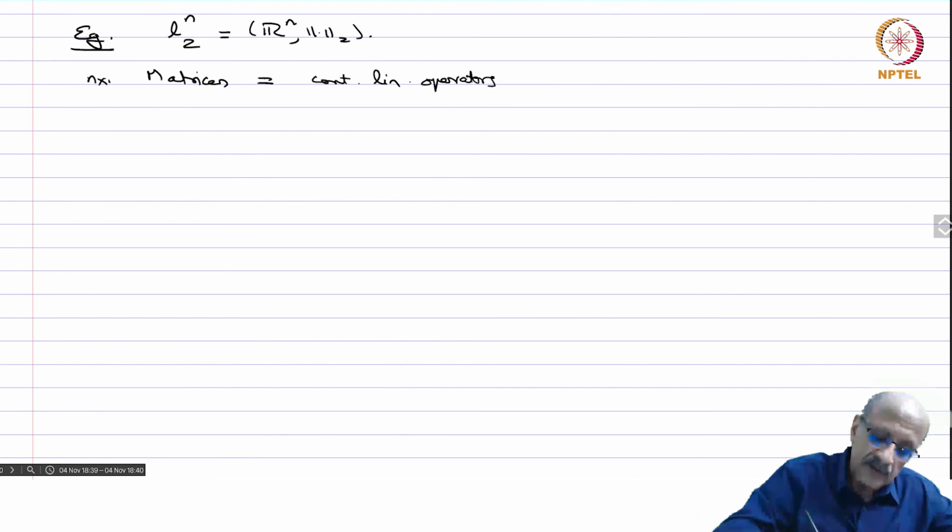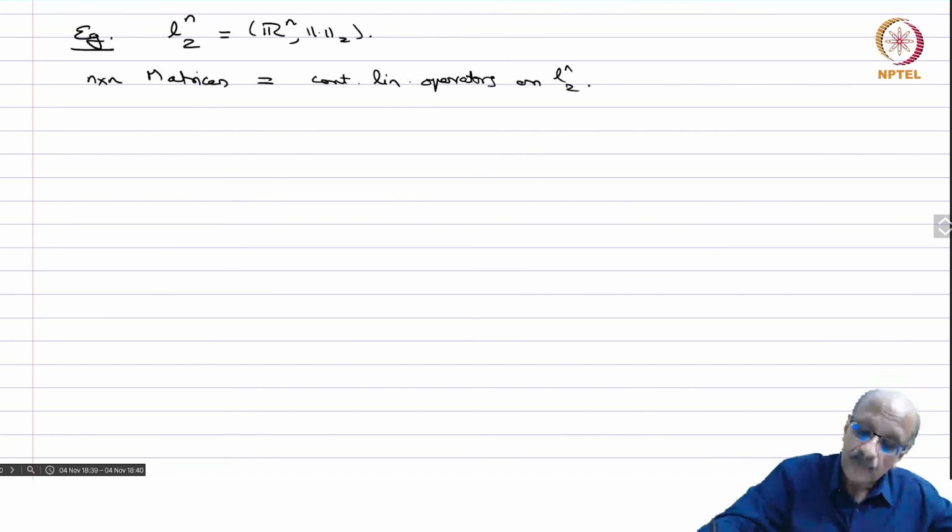Therefore a Hermitian matrix, that means A equals its conjugate transpose, gives you a self-adjoint operator.